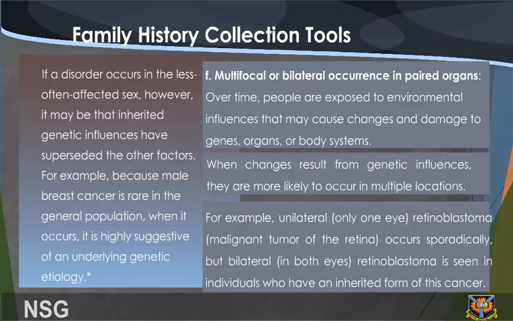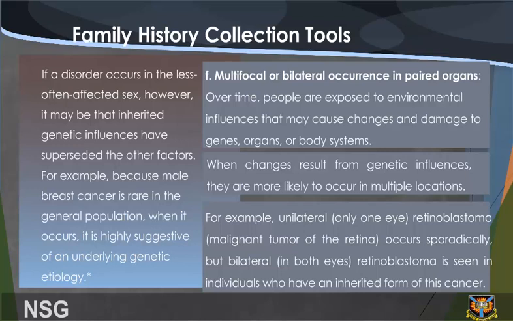F. Multifocal or bilateral occurrence in paired organs. Over time, people are exposed to environmental influences that may cause changes and damage to genes, organs, or body systems. When changes result from genetic influences, they are more likely to occur in multiple locations.